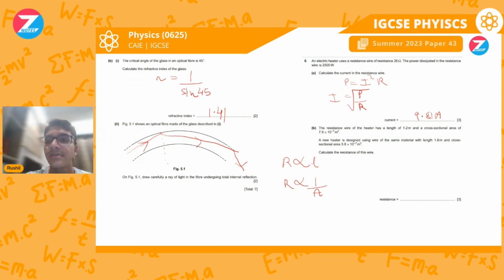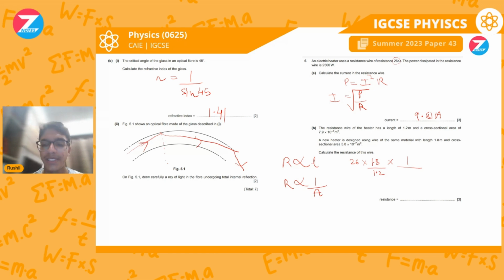So the original resistance we know is 26. Now to 26, we have to multiply the factor of the increase in length, which is 1.8 by 1.2. And then we have to multiply it by 1 over the factor of the change in area.